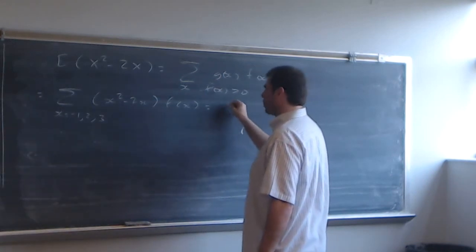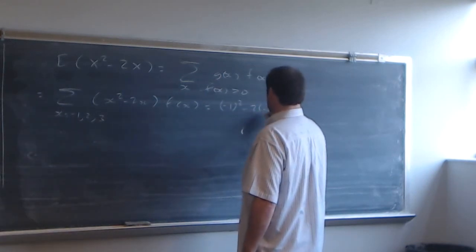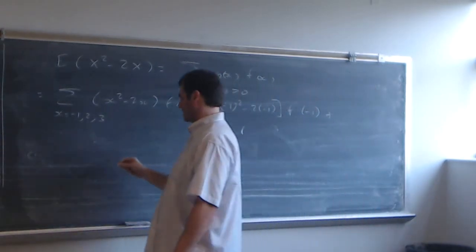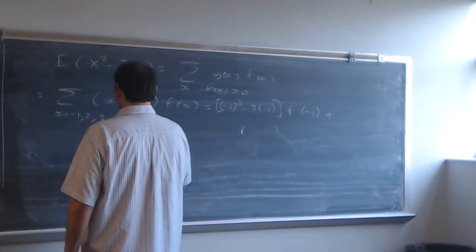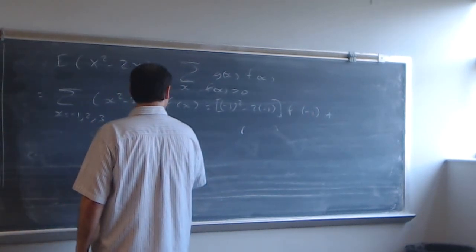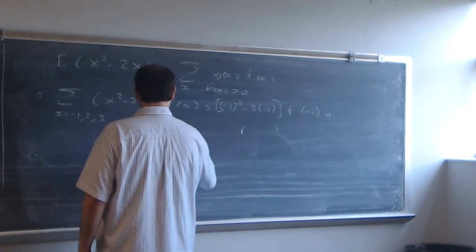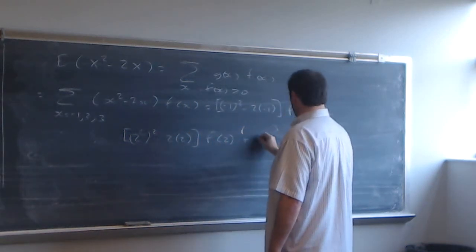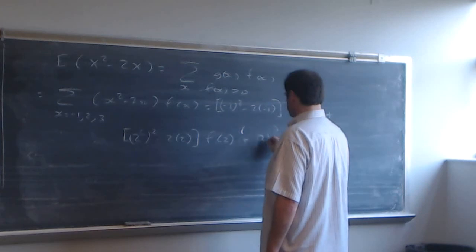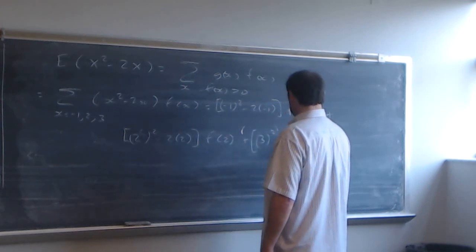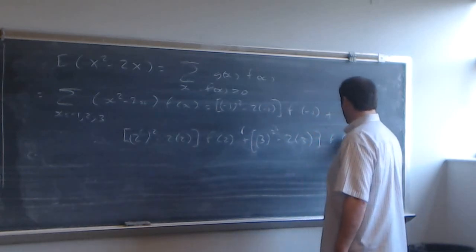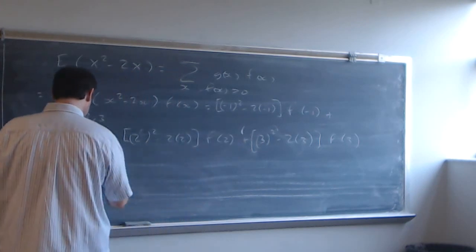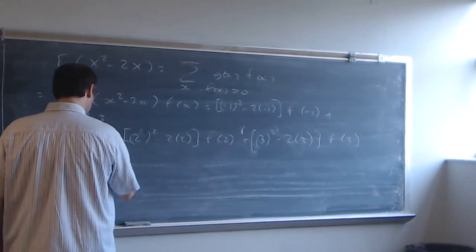That's equal to (-1) squared minus 2 times -1, times f of -1, plus 2 squared minus 2 times 2, times f of 2, plus 3 squared minus 2 times 3, times f of 3. So this guy is 1 plus 2, so it's 3 times f of -1, which is 1/4.